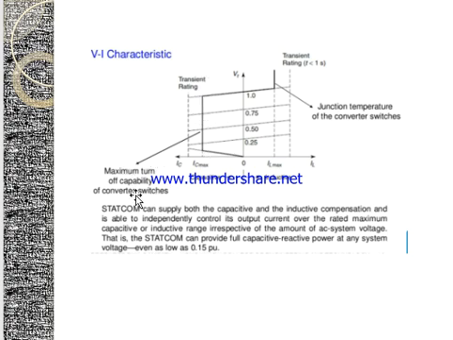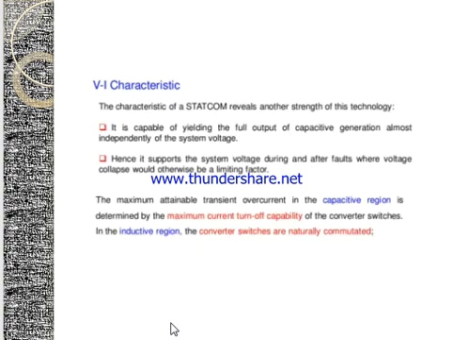So the maximum turn off capability of the converter switches will occur in this region. And at the inductor side, when it shoots up within the transient rating limit, the junction temperature of the converter switches is able to handle the switching. So the STATCOM can supply both capacitive and inductive compensation.